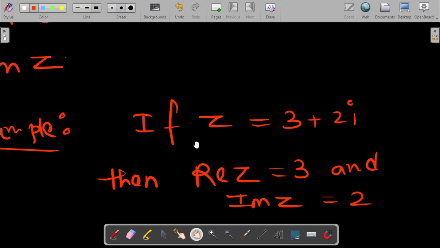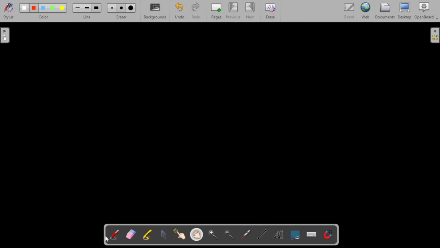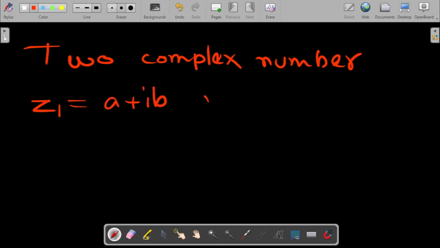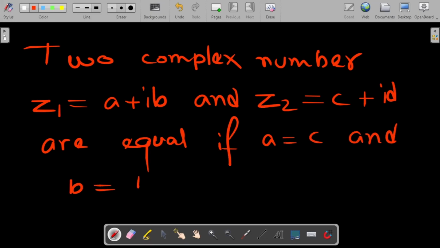Next concept is when two complex numbers are equal. Two complex numbers z1 equal to a plus ib and z2 equal to c plus id are equal if a equal to c and b equal to d.